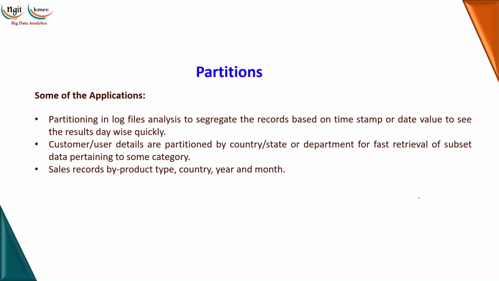Meaning that based on the state column, we can divide the data and distribute it onto different places, so that whenever you give this condition, it will first choose the correct directory and retrieve all the records from that particular location only, which speeds up the process of searching.